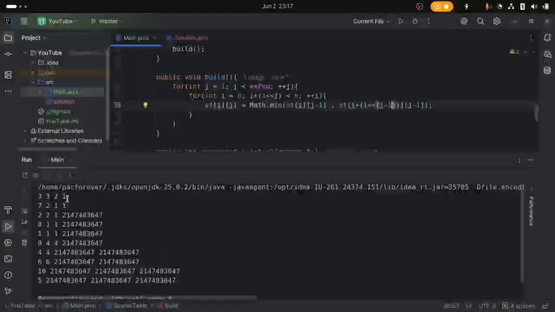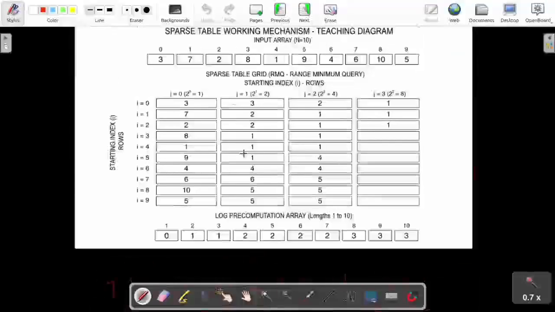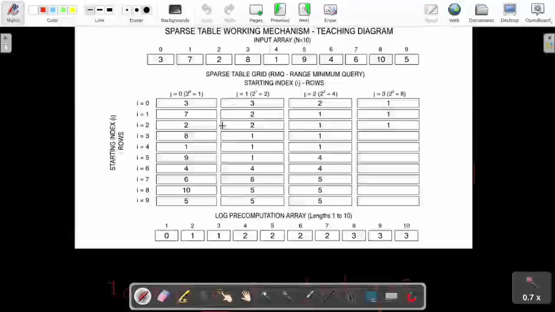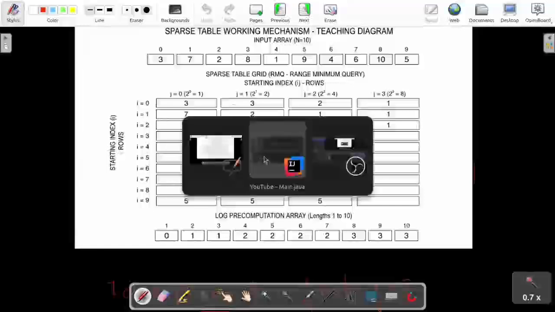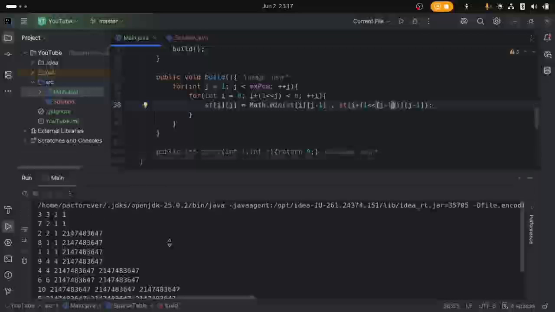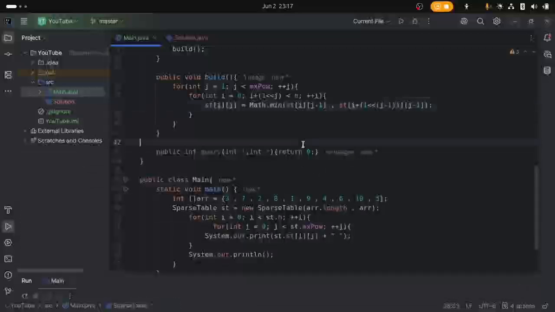Yeah, now we are getting the correct output, so our build function is working correctly.